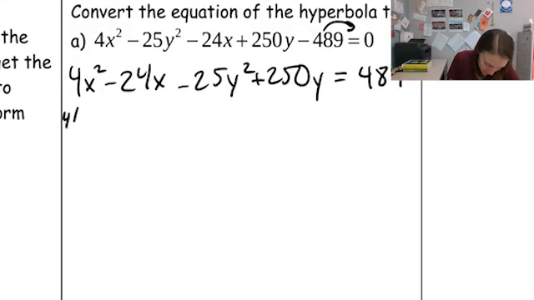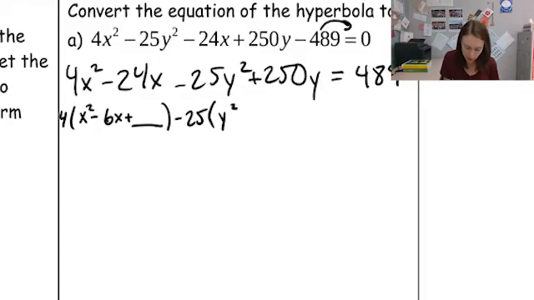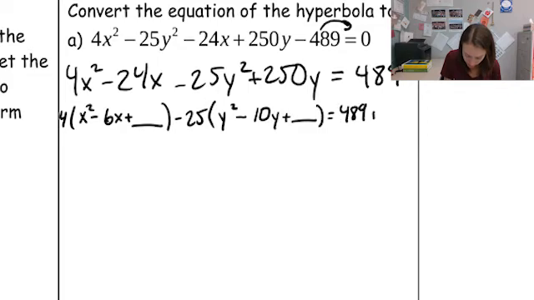So 4 times x squared minus 6x plus blank. And then I need to factor out the negative 25 from the y squared. And when I factor out the negative 25, it's going to change the sign of this one to negative 10y plus blank equals 489 plus blank plus blank.